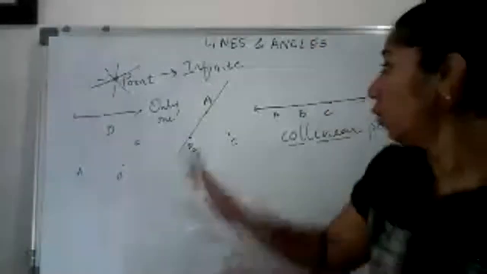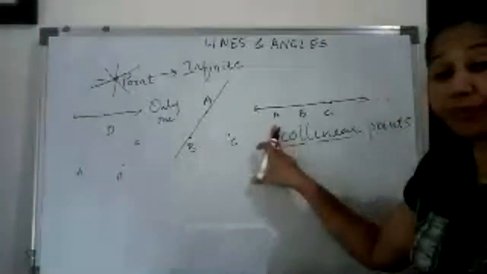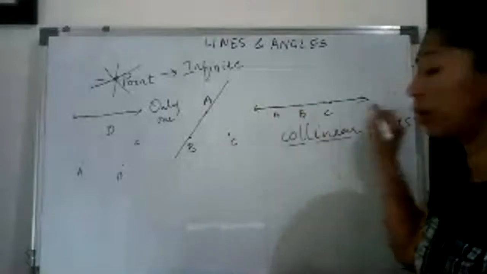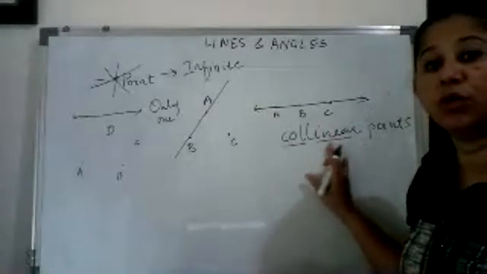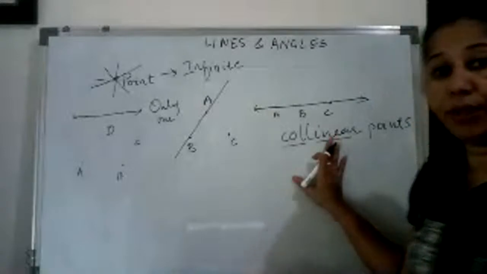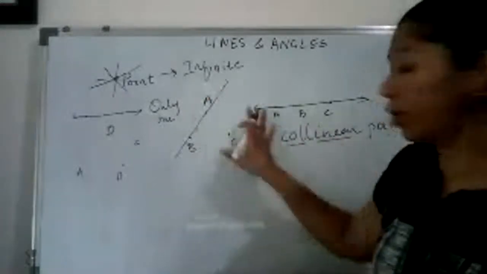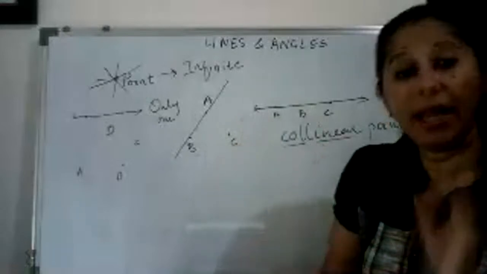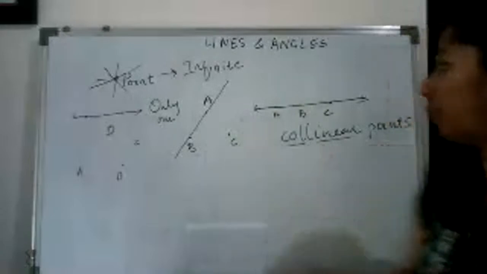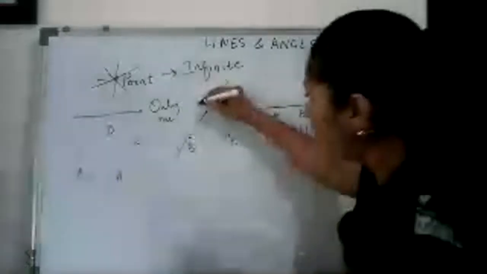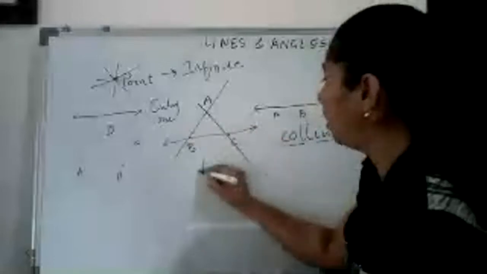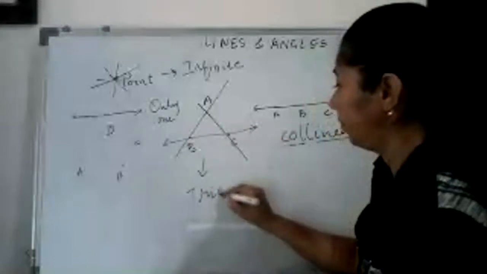Please remember this. When you are given 3 points, there are two possibilities. Either all 3 points are on the same line, then we call those points collinear points, or they are not on the same line, and we call them non-collinear points. And if you join any two of these non-collinear points at a time, it will give you a triangle.